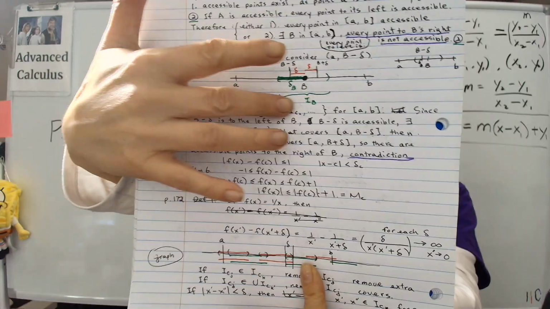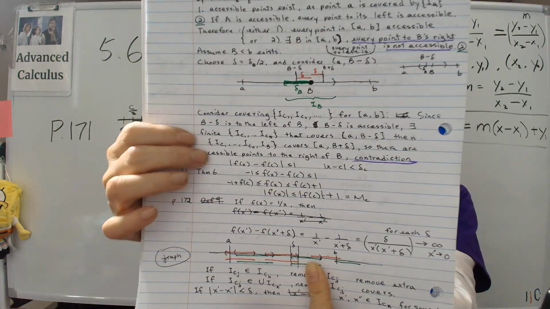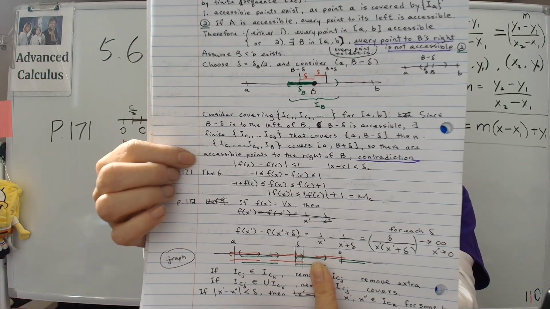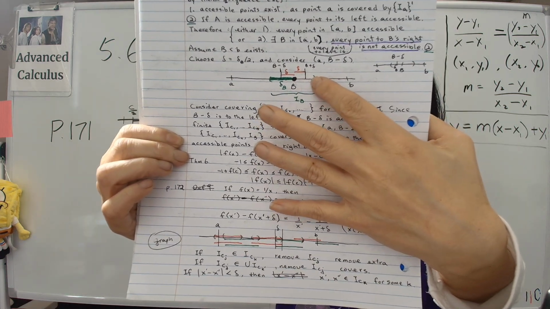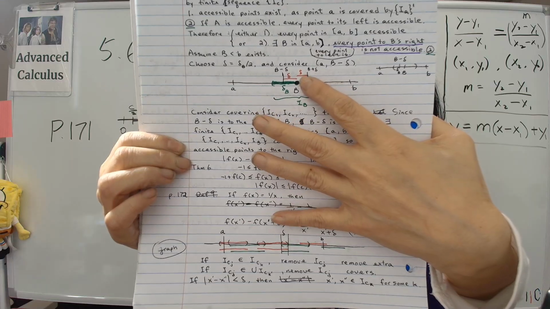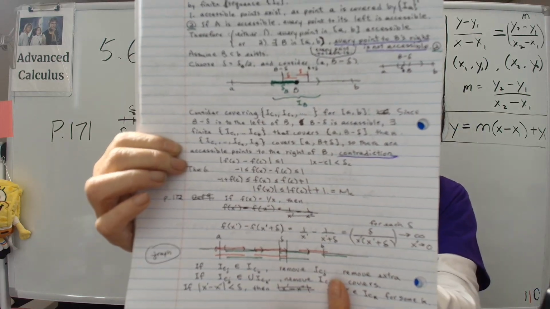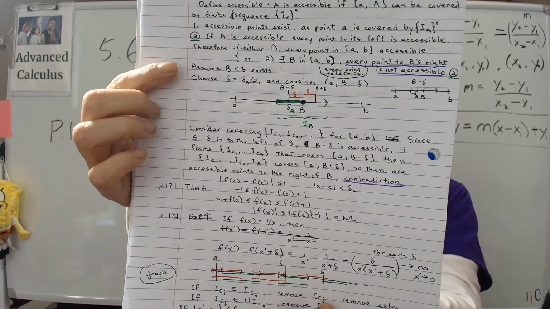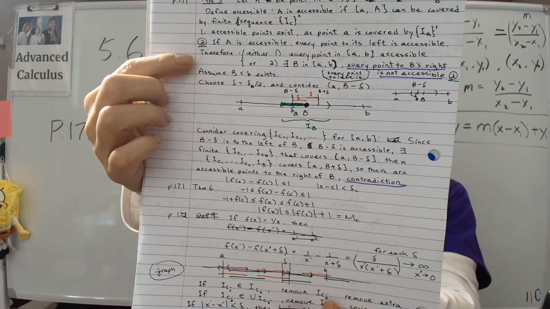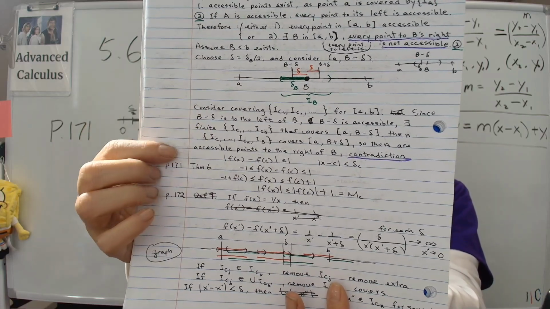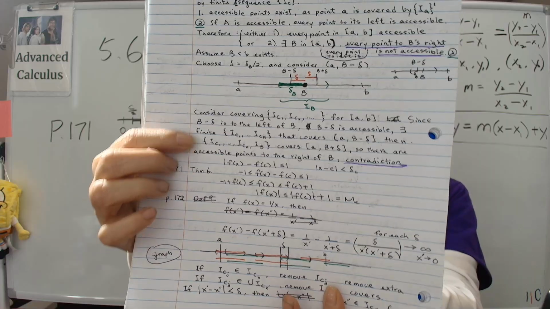And so it extends forward a little bit. Now, if that is the case, that means that the points over here, B plus delta and up in here, are also covered, which is not possible, because we already said that any point to the right of B cannot be covered, okay? It's not accessible. And as a result, we have a contradiction.